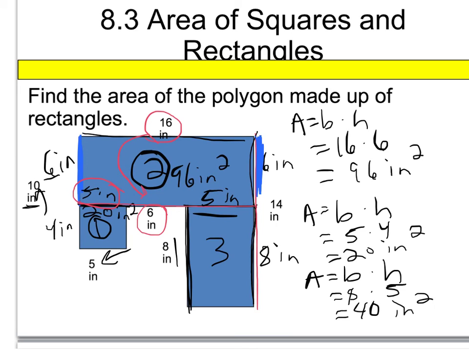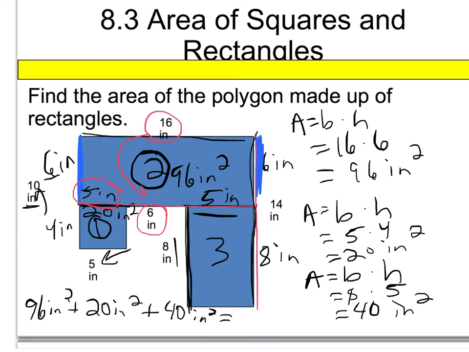So the question now is, have we answered our question? No, we have not, because it says find the area of the polygon. This entire shape here, we want to find the area of that blue shape. So in order for us to do that, we need to take our numbers of 96 inches squared plus 20 inches squared plus 40 inches squared.